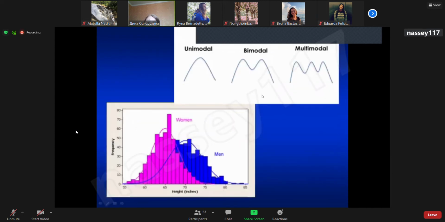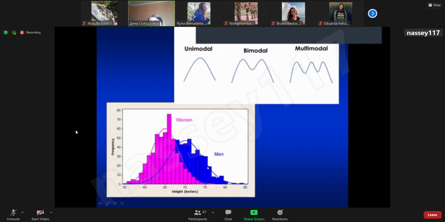Besides the parameter of central tendency, it's important to judge about distribution when we identify whether it is unimodal, bimodal, or multimodal. In most cases, you have a unimodal distribution with only one central tendency. If you have two central tendencies, it's called bimodal. For example, the distribution of height in men and women has a bimodal distribution because the average in women is lower than the average in men.